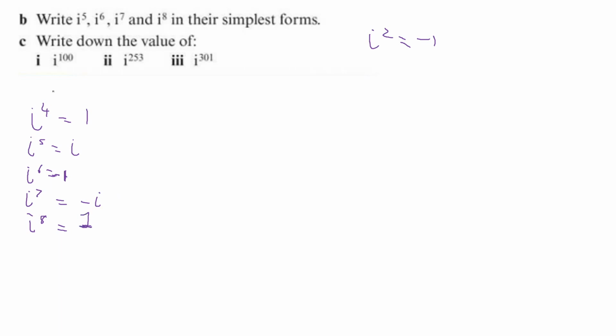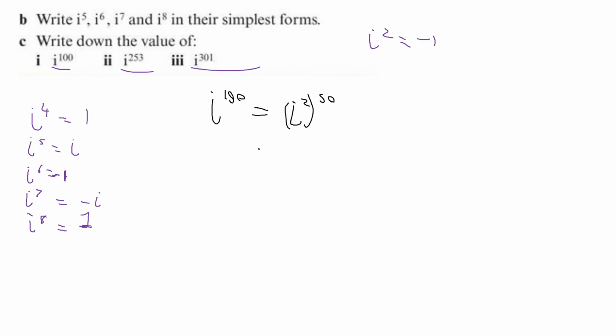Okay. How about we continue that trend to i to the 100, i to the 253, and i to the 301. So first let's look at i to the 100. i to the 100 is the same as i squared to the power of 50, isn't it? Do we want to times this 50 times?